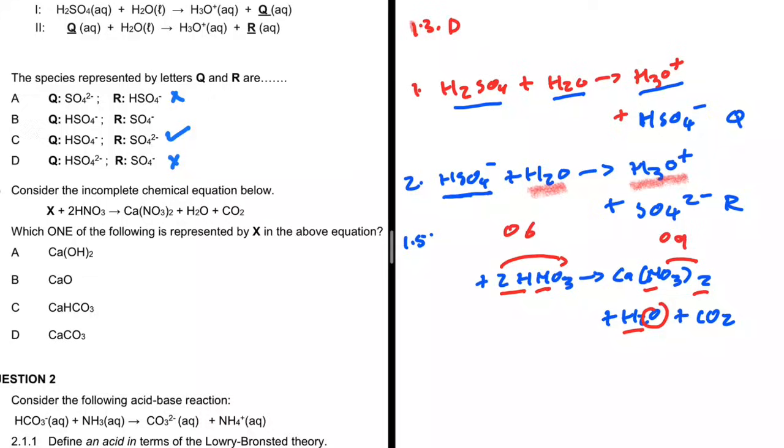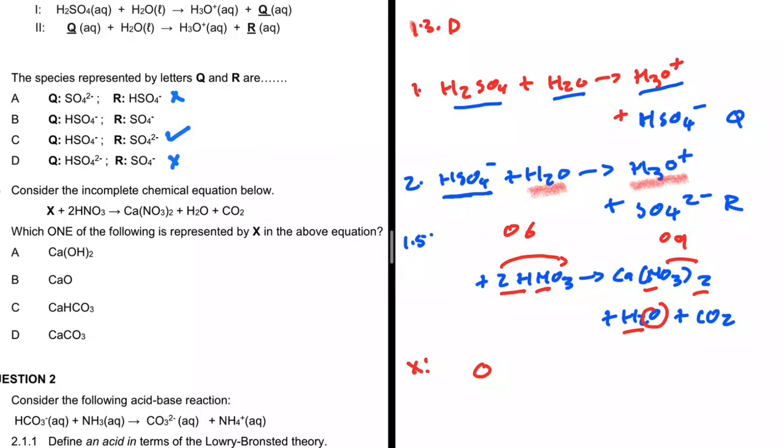So we can see that issues are arising at this point. 6 oxygens on the left, 9 on the right. So we know that in X, some way, somehow, we need to have oxygen. We're just following the basics. What's on the left must be on the right.